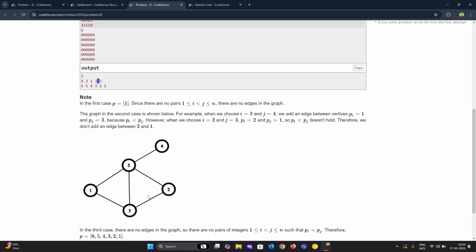So it is at the second last position. So 1 is connected to 2, is connected to 2 as well. Okay, now that's a tie.